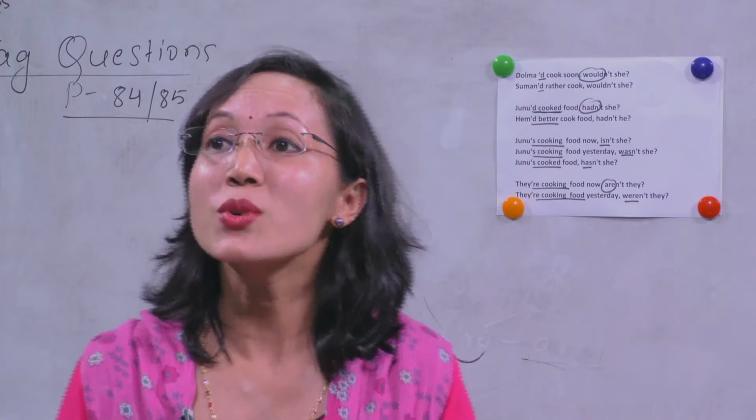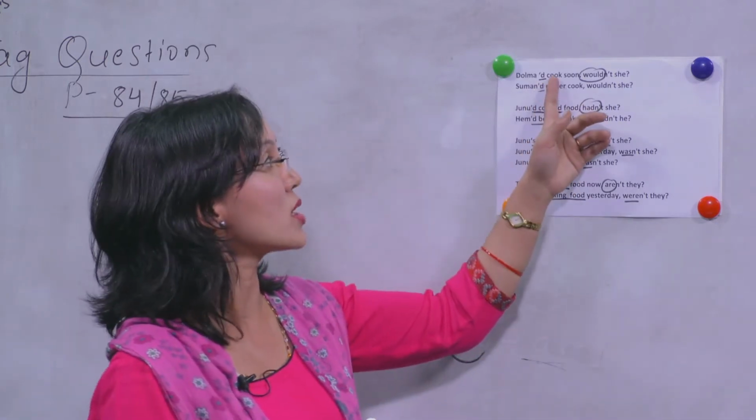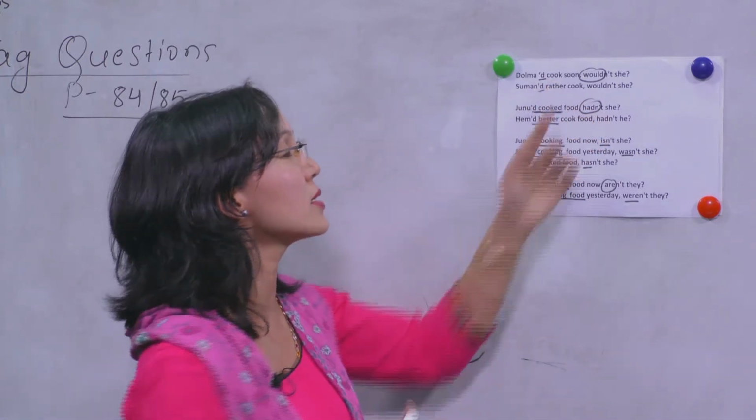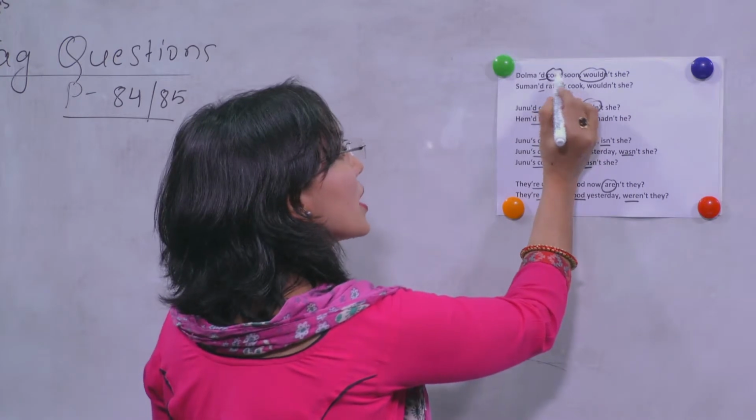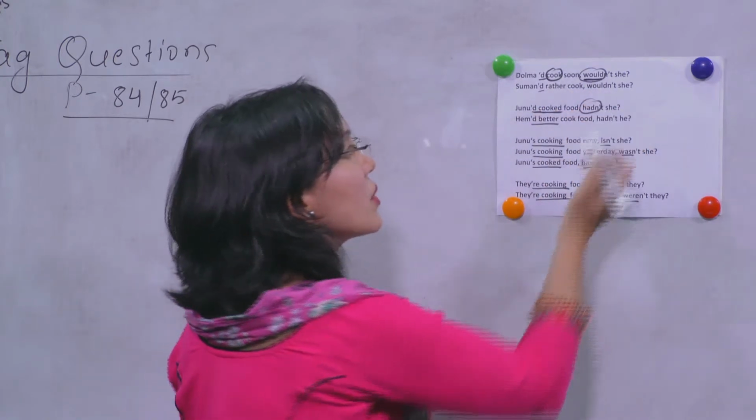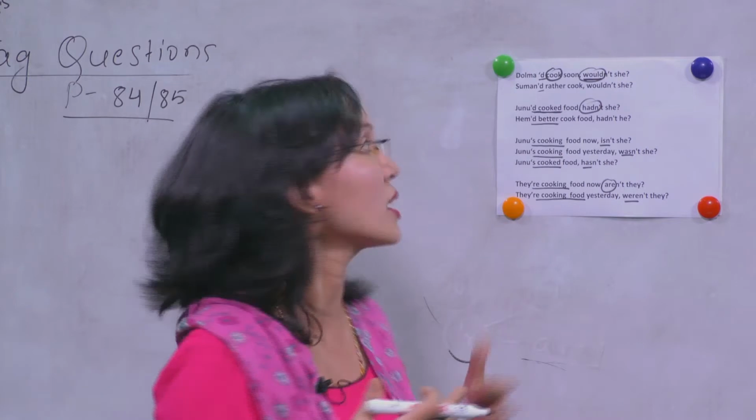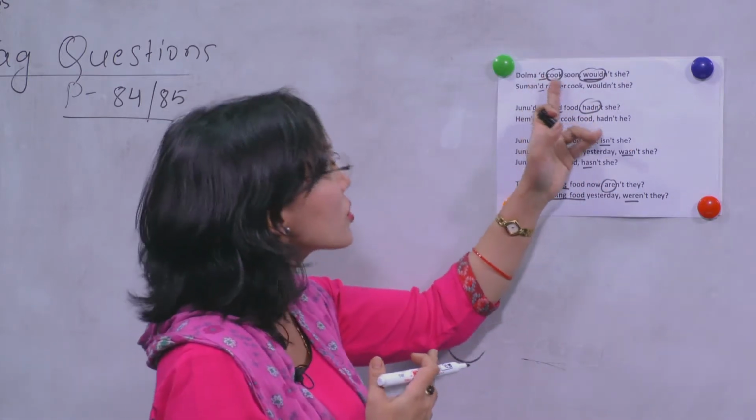So when there is would plus the verb in infinitive form, definitely we need to say wouldn't he. So Dolma would cook food.